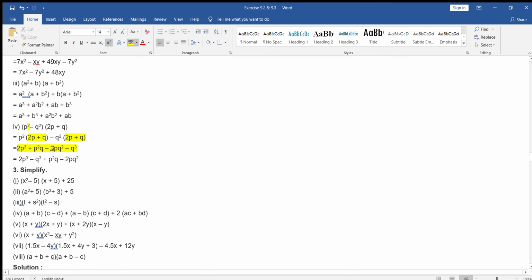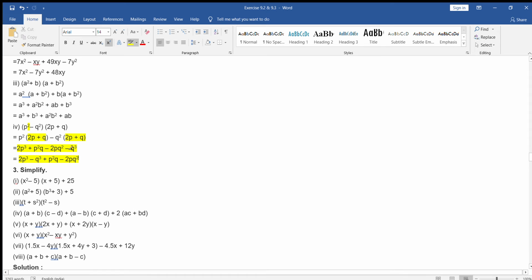This is the minus sign, so minus is here. Again, minus will be multiplied, minus q to the power 3. Now see, this is our answer. But in algebra, we generally write the expression with the powers in descending order.